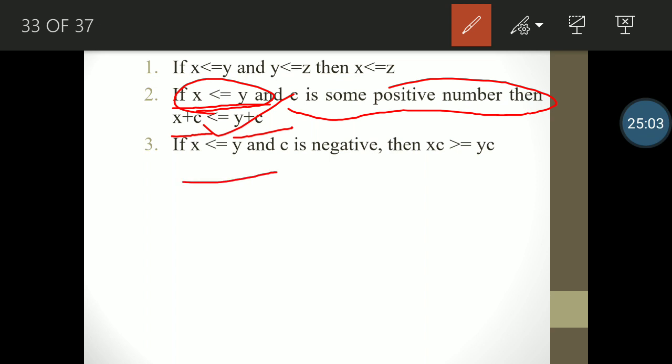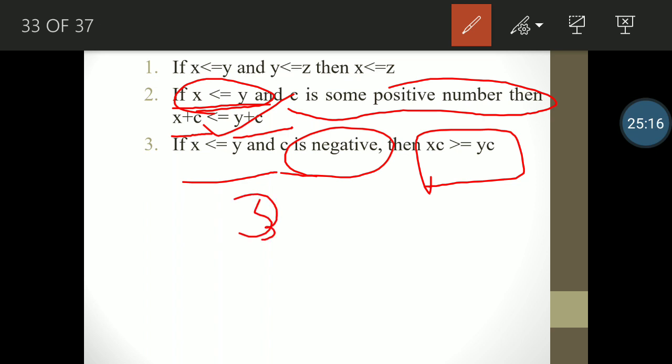If x is less than or equal to y and c is negative, then xc is greater than or equal to yc. For example, 3 is less than or equal to 5.